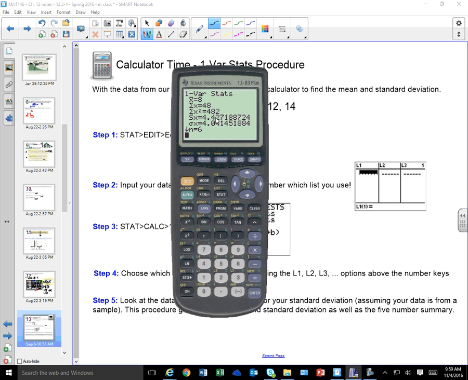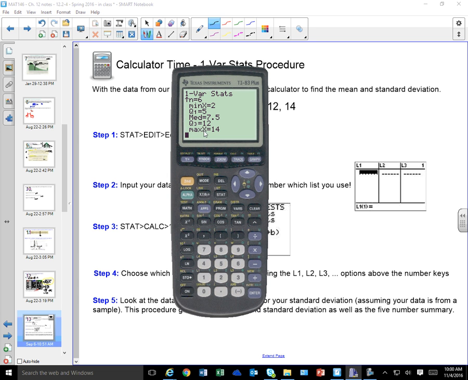You notice the numbers are very close, so you can't necessarily look at them and know which one's right to use, because the formulas are so similar. But we want to use the S sub x. Now notice there's a little arrow here. That means there's more information. If I arrow down here, I get more numbers. I get the median here, which we've talked about already, the 7.5.